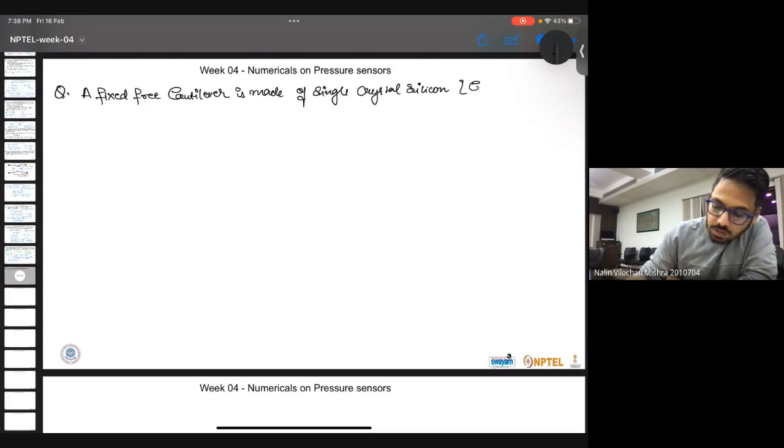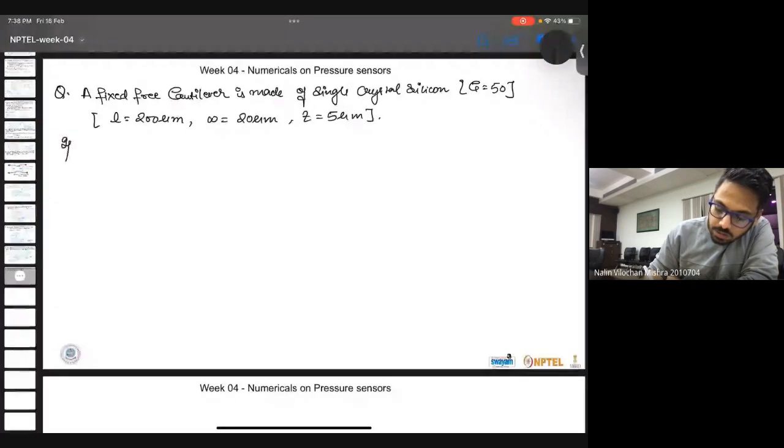Value of G is 50. The dimensions are: length is 200 micrometer, width is 20 micrometer, and thickness is 5 micrometer.